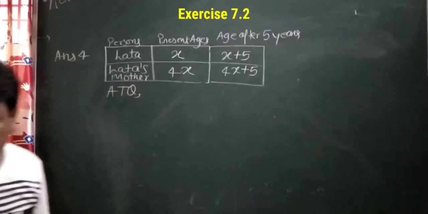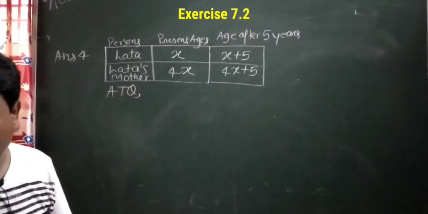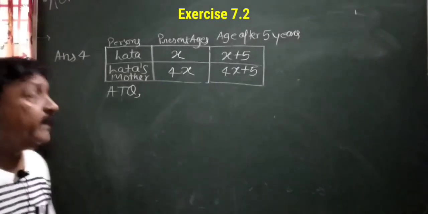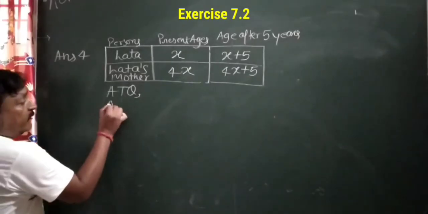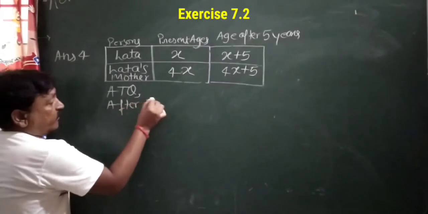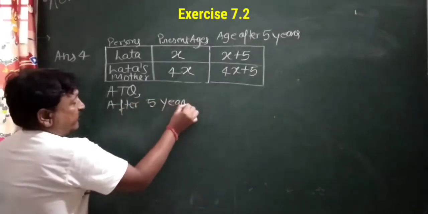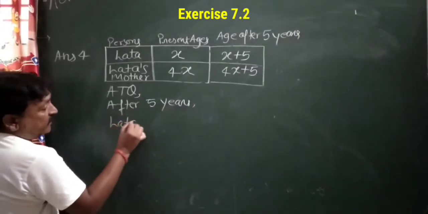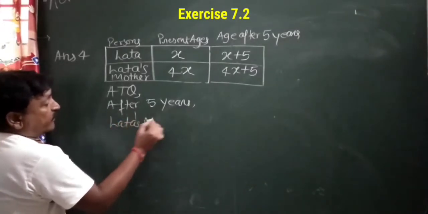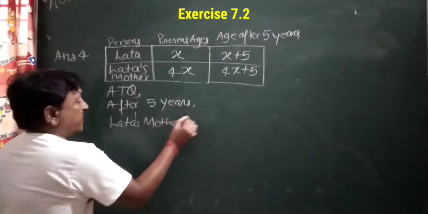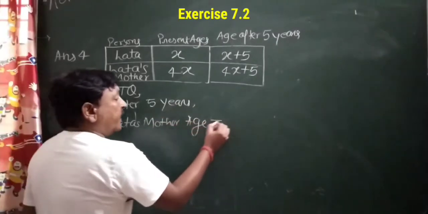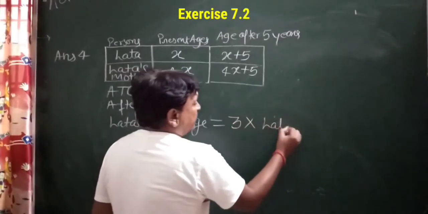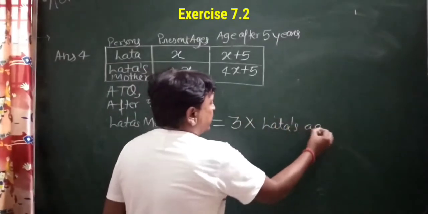Just see it. After 5 years, her mother will be 3 times as old as she will be then. It means after 5 years, Lata's mother's age will be 3 times Lata's age.